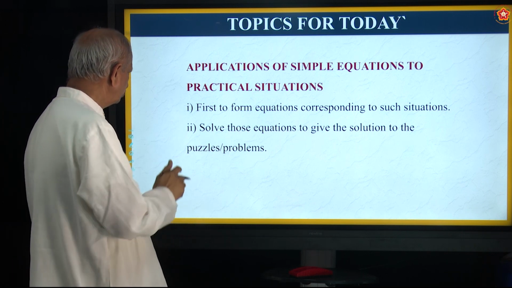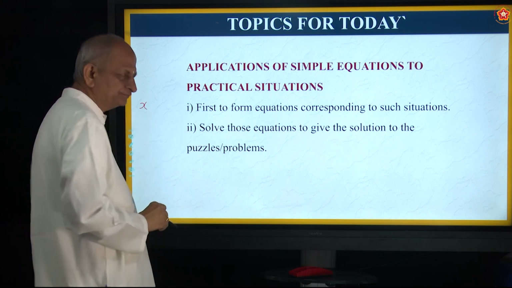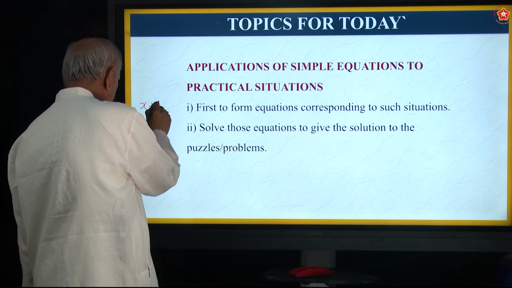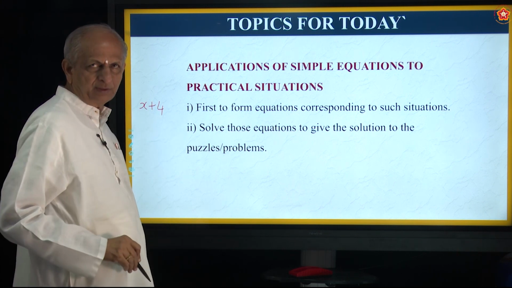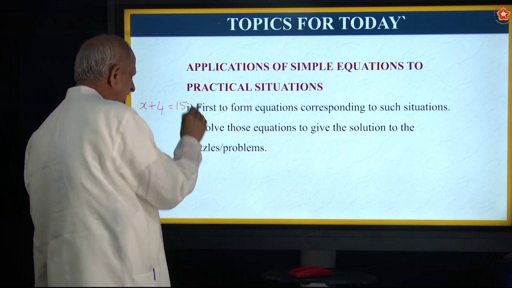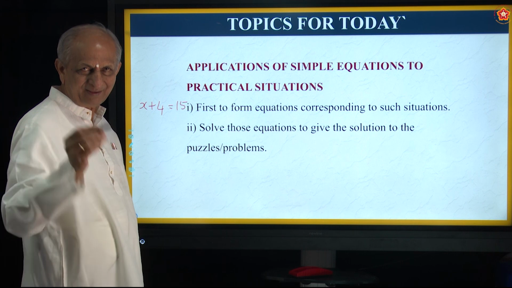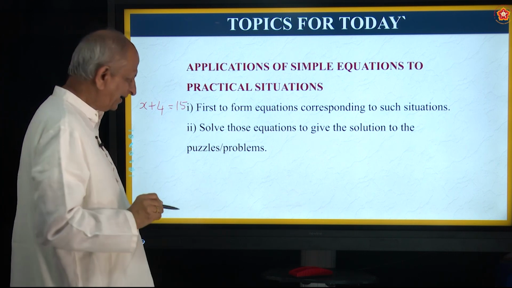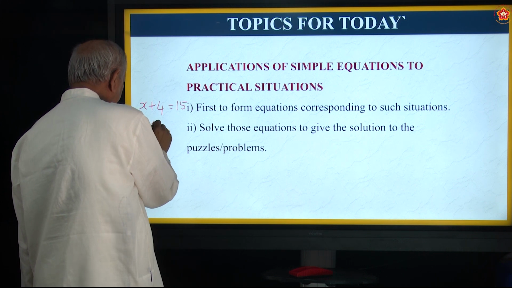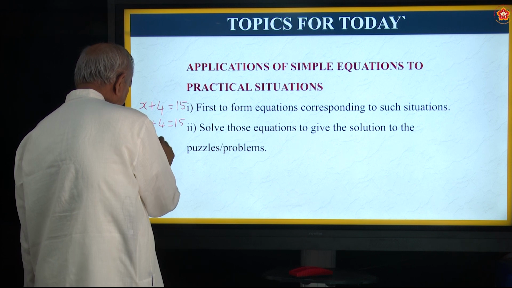So how to do that? Think of a number, we call it x. Add 4 to it, means plus 4. Answer is 15. What is that number? Come on. It is 11, correct? So you must know what should be added to 4 to get 15. So 11 plus 4 is equal to 15. 15 is equal to 15.